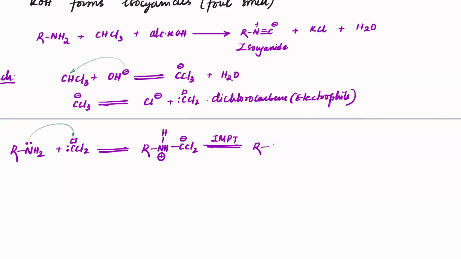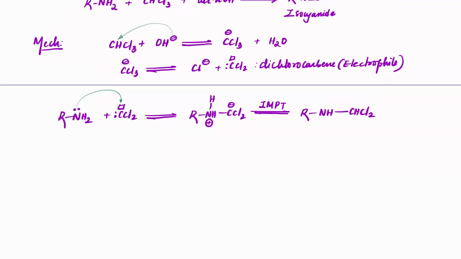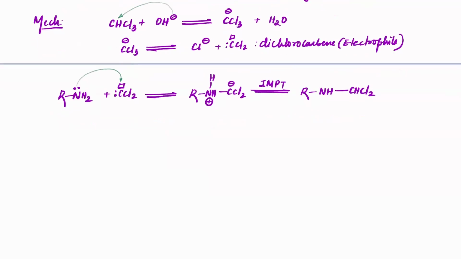We will notice that RNH with CHCl2 is formed. This is the other intermediate which is formed. But we still have it in a basic solution. So this OH minus will, first let me put it this way as a structure.